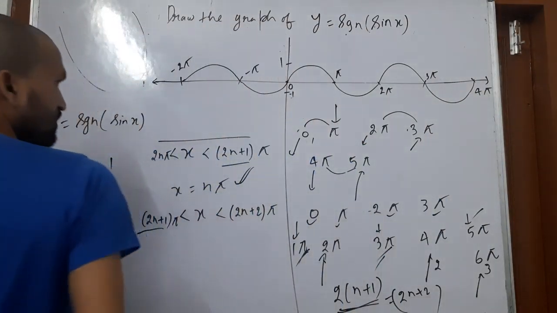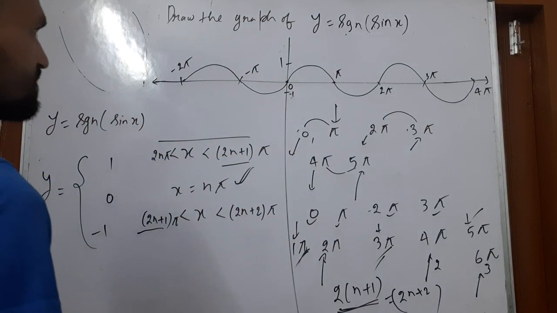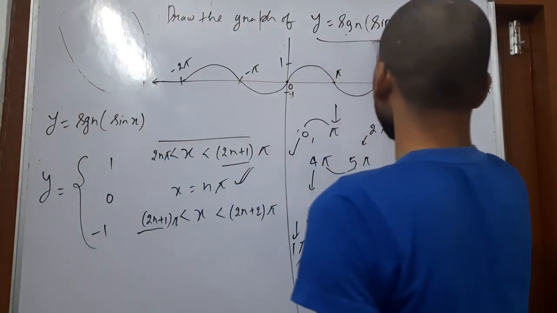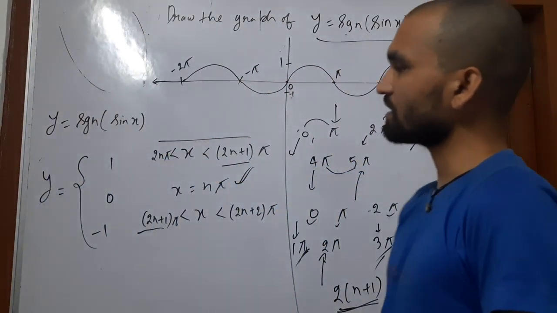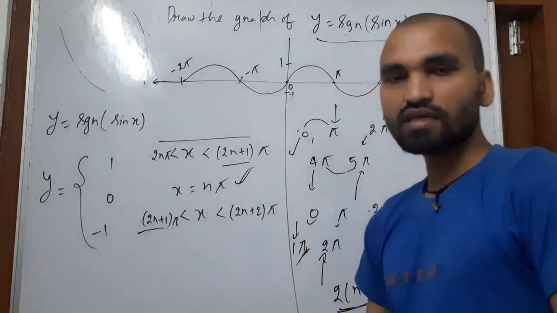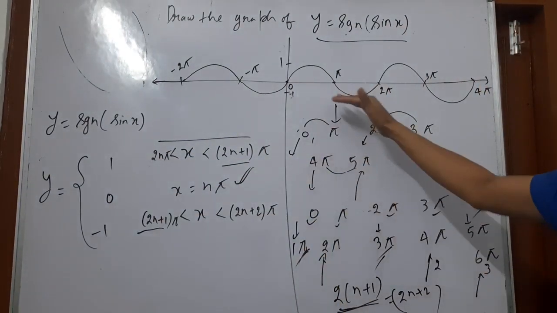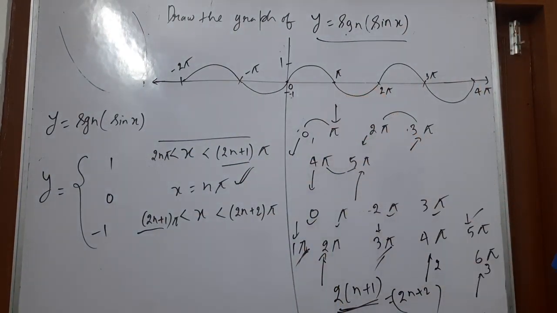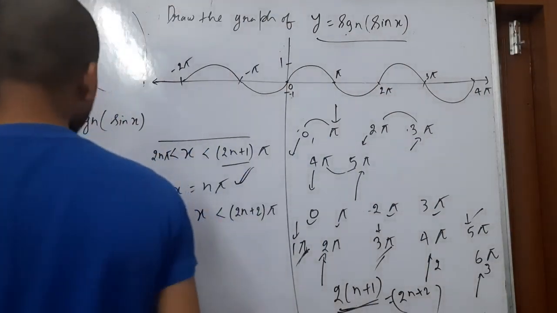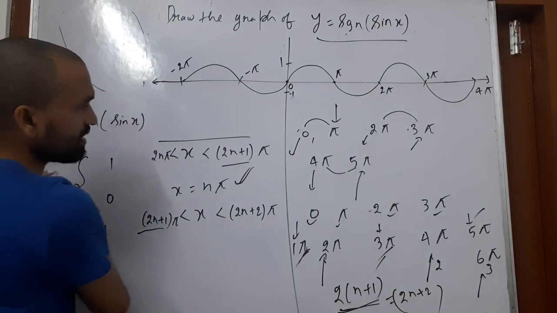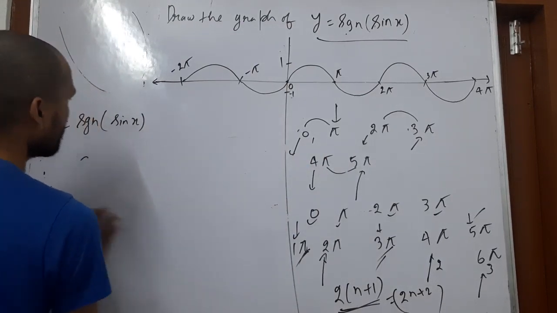Now we should discuss the graph of signum of sin x, because we have decided the value of signum of sin x for different values of x. So let us create this portion and after that we will draw the graph here.